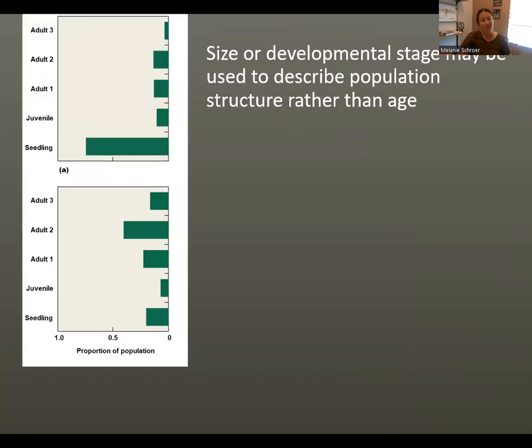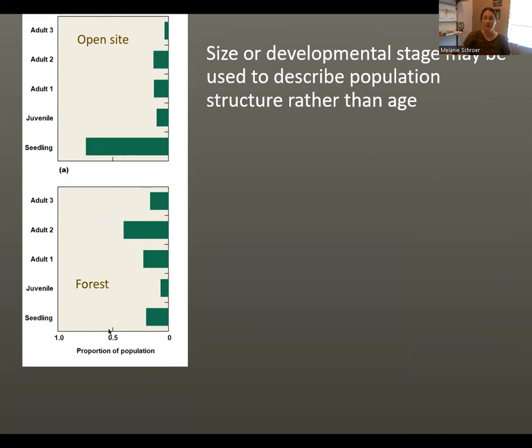In some species, it makes more sense to talk about developmental stage as opposed to just pure ages. So for example, here, we see a tree population. We have many seedlings out in the open, and then relatively few that have actually been able to survive and live into adulthood.